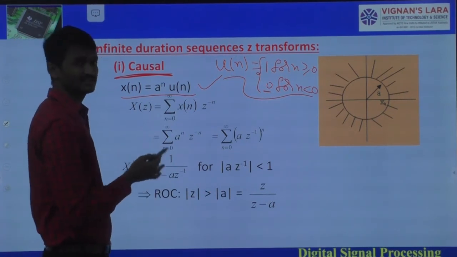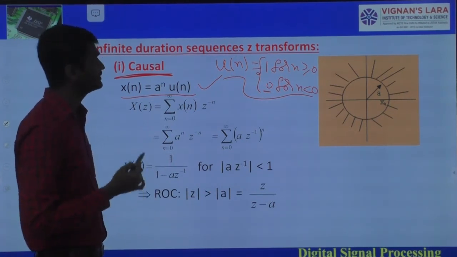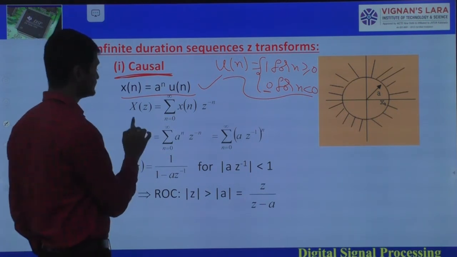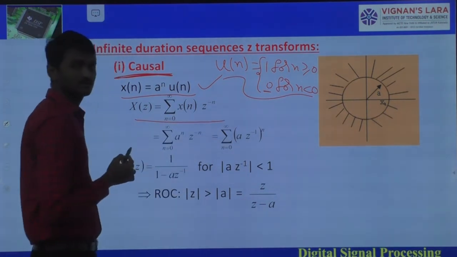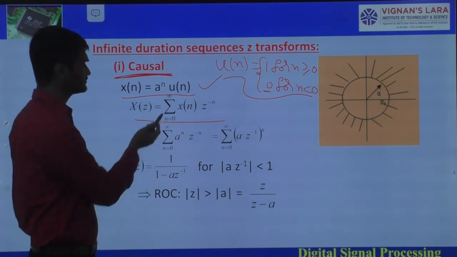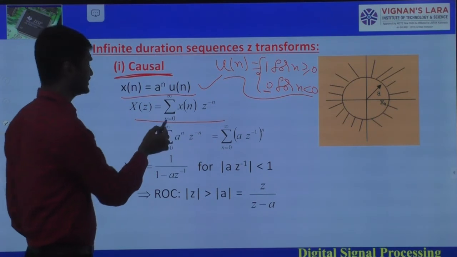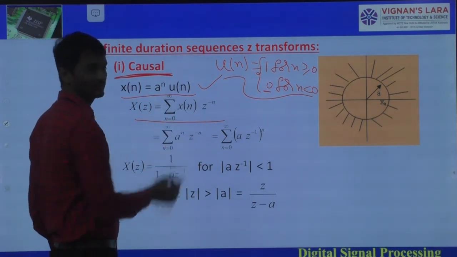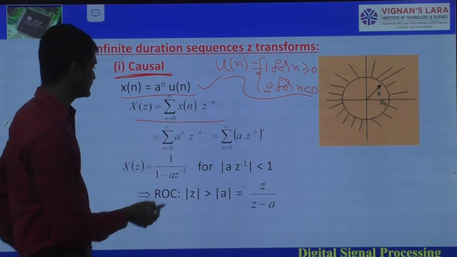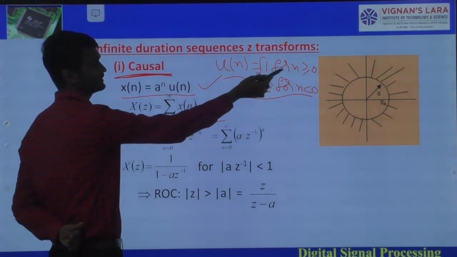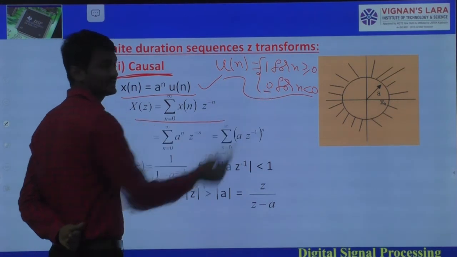Okay. But for the infinite duration sequence x of n equals a power n u of n, we have to find the Z transform, and we have to find the ROC as well, right? So X of z, for the two-sided Z transform, is from minus infinity to infinity, but here it is causal, one-sided. So sum n equals 0 to infinity x of n z power minus n. Then x of n is a power n into u of n. U of n is 1 for n greater than or equal to 0, 0 for n less than 0.